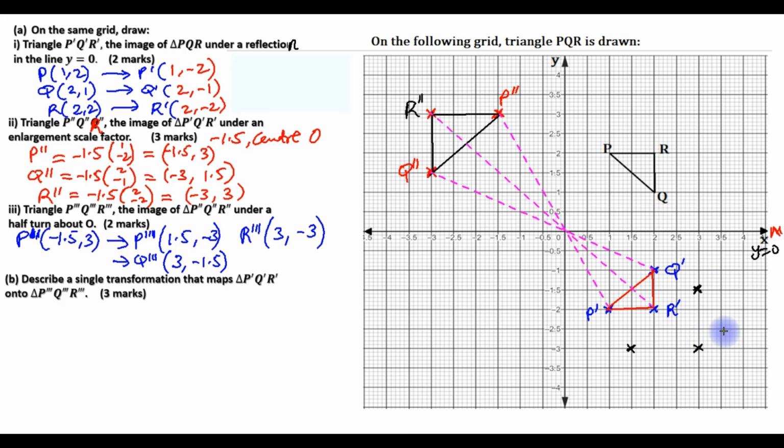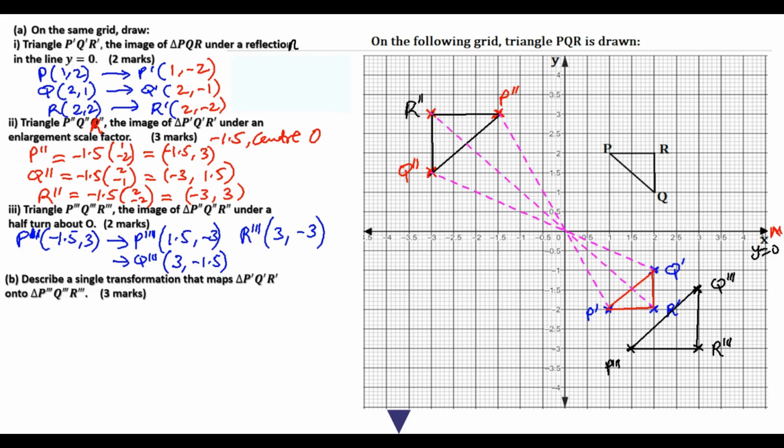So those are the points. Therefore we join. This is P triple prime, Q triple prime, and R triple prime. So we join those points. Fine, so that's how it will be.